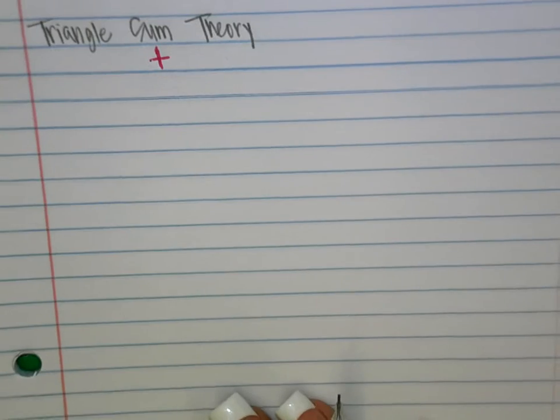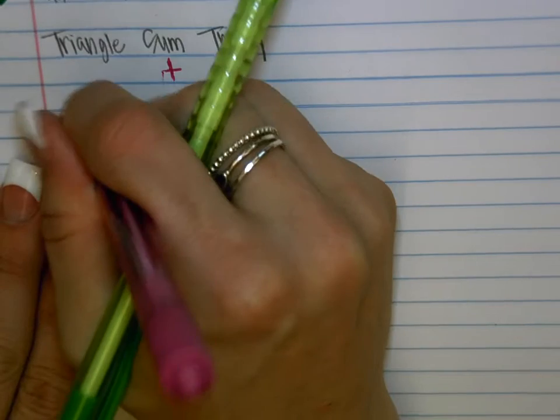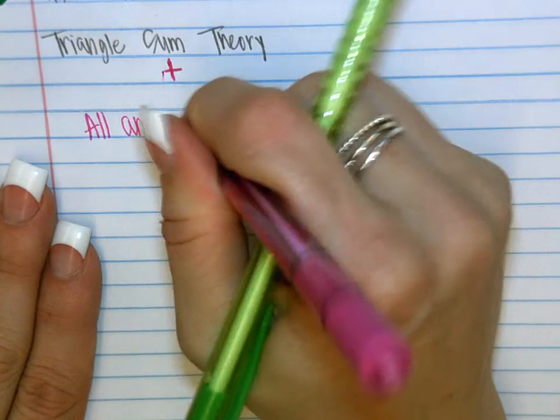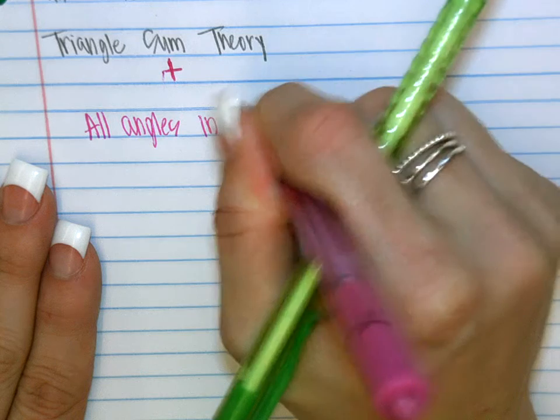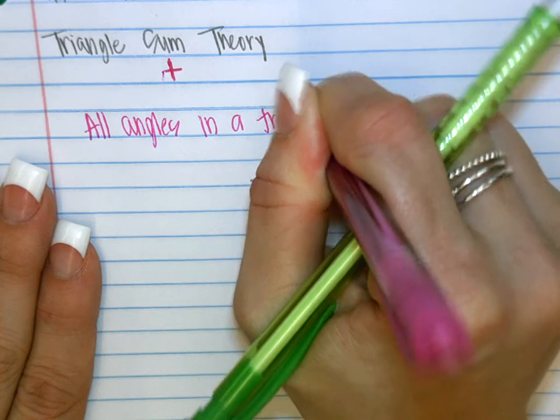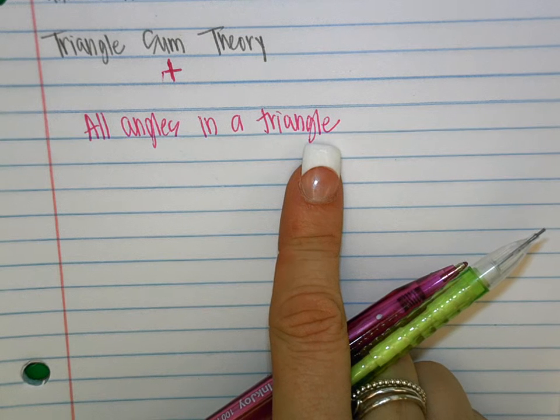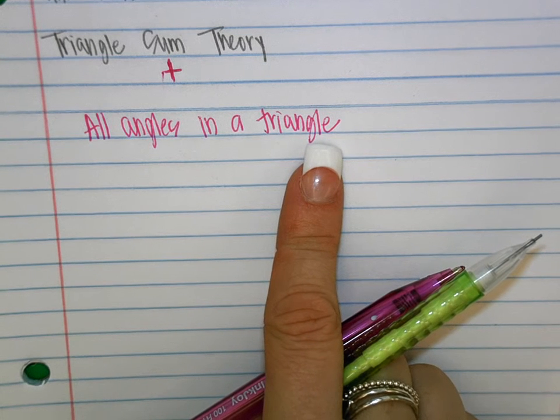Okay, so the triangle sum theory is that all angles in a triangle, and how many angles will there be in a triangle? How many corners are there? 3. So we're going to be adding together 3 things.